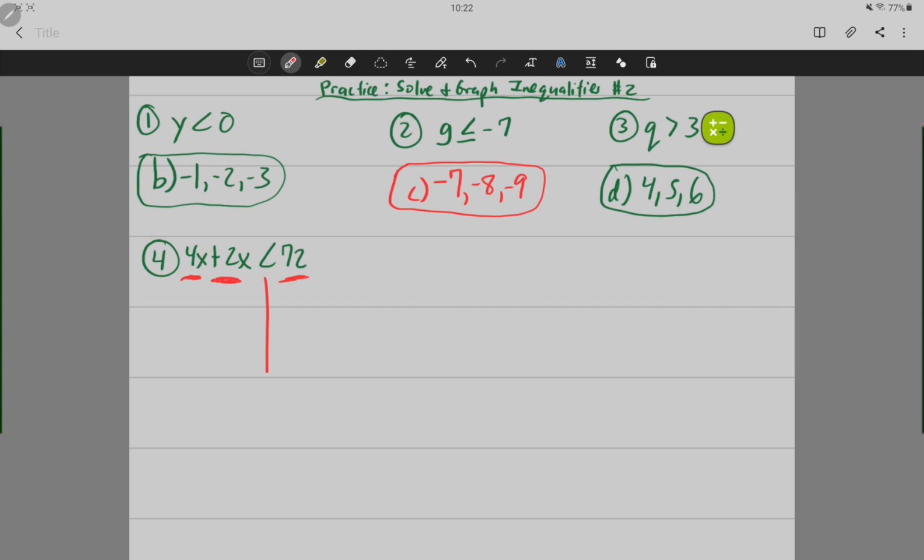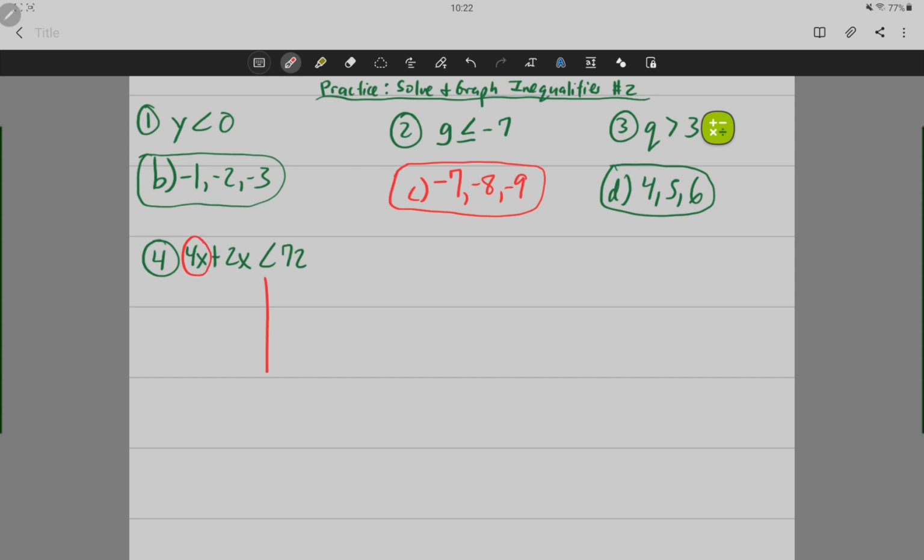But notice how on the left side, we have 2 terms, the 4x and the positive 2x, and what do they both have? Well, they both have the letter x. What this means is that those are like terms. We can combine them. To do that, we're literally going to do what it says.